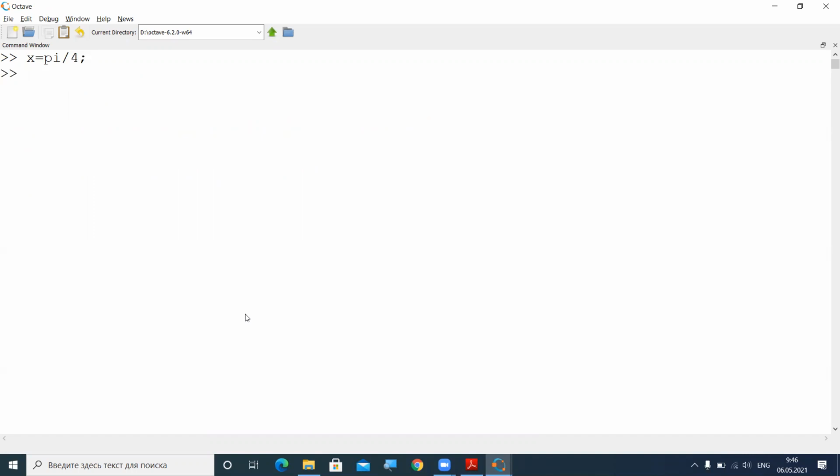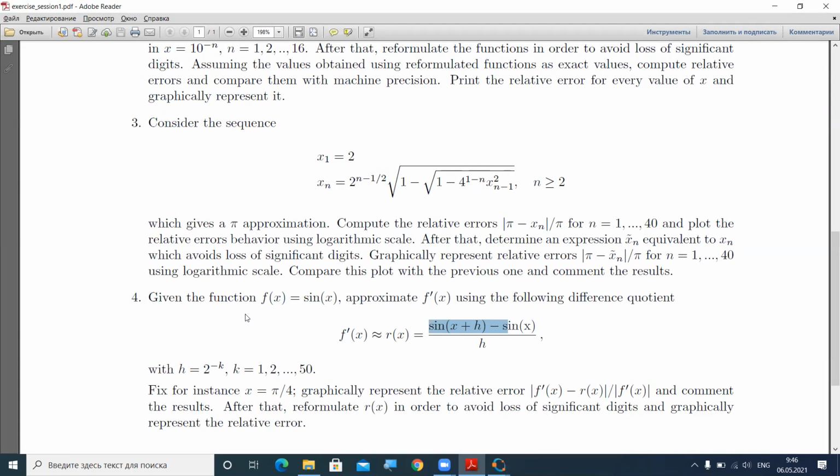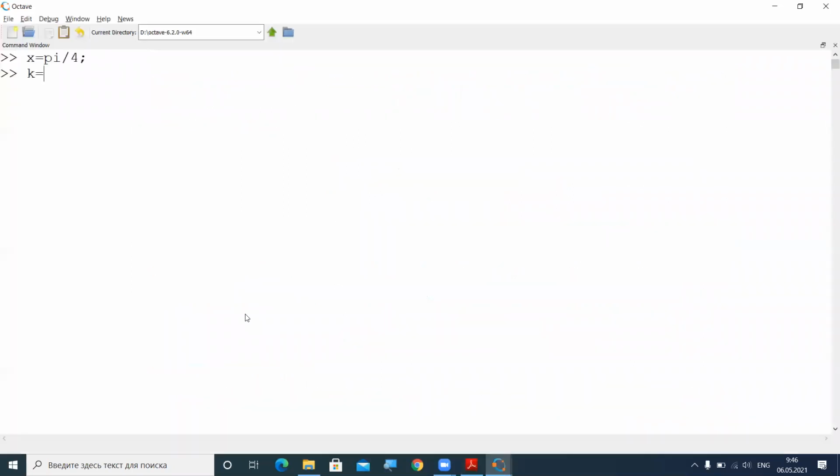And now k here from 1 till 50, and h here is 2 to the power of minus k. So k from 1 till 50, and h is equal to 2 to the power of minus k, and here we need to put a dot, minus k.